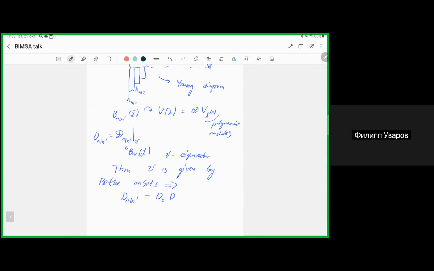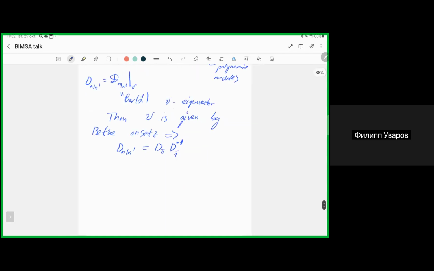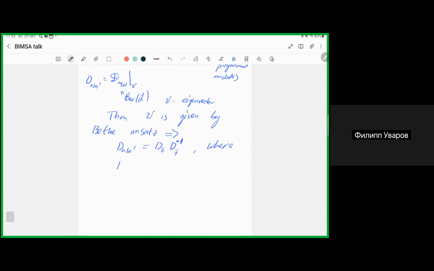So it's D0 times D1 inverse, where D0 is a usual differential operator of order n, with all these properties that I listed for gl_N.